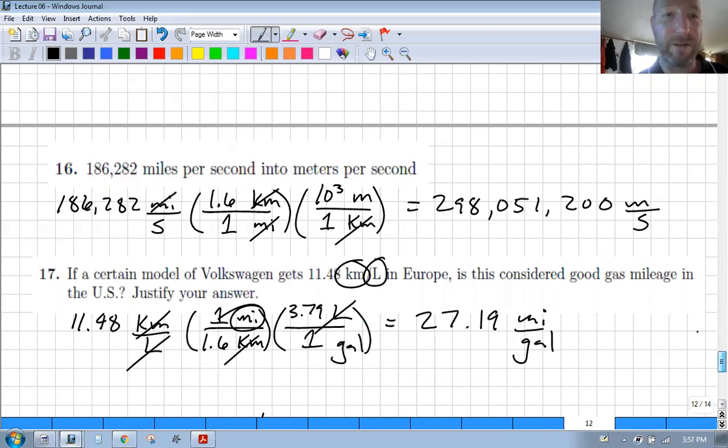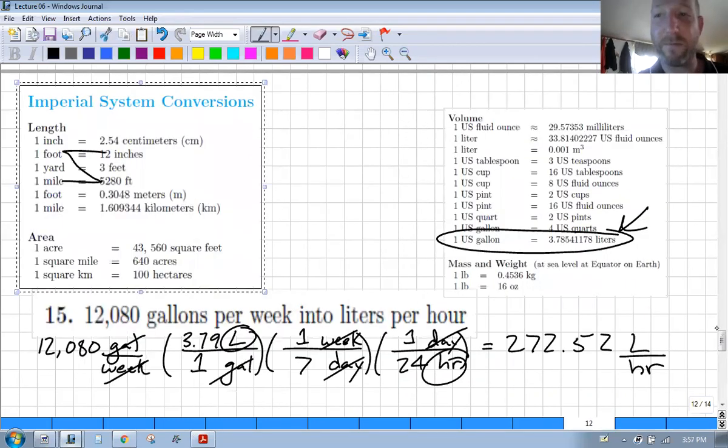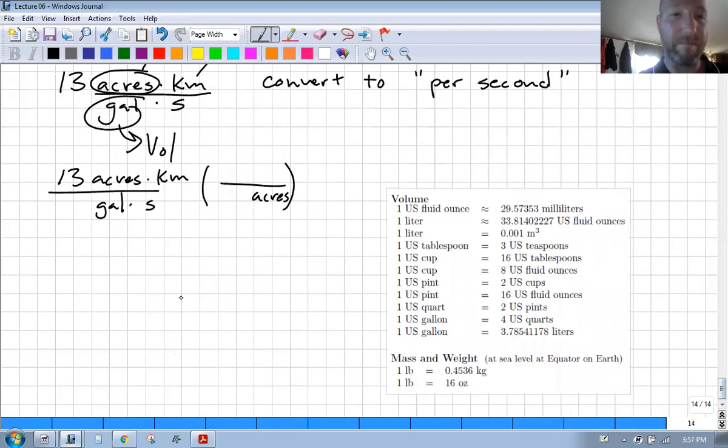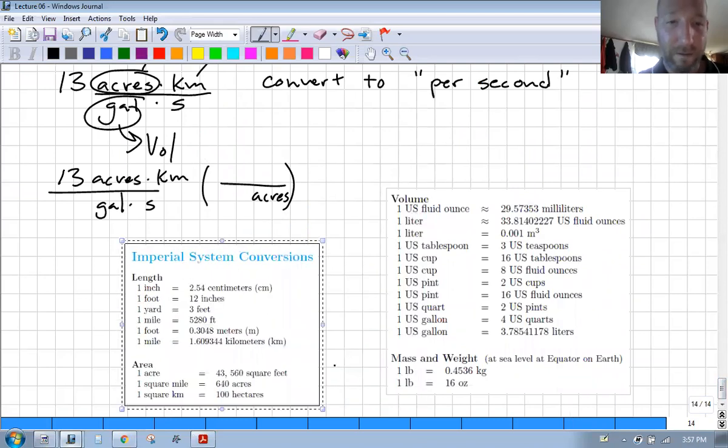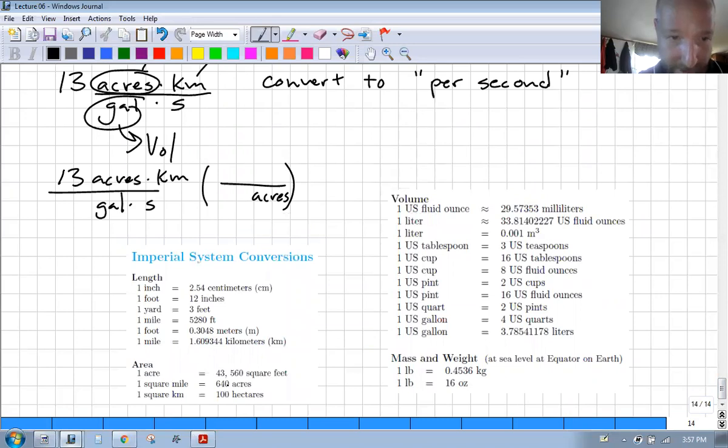We're gonna need our other chart here, this one. So we can turn an acre into square feet and then turn the feet into meters. So if we get rid of acres and turn them into square feet, we see that 1 acre is 43,560 square feet.